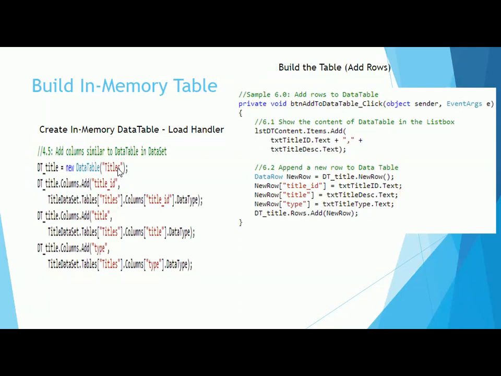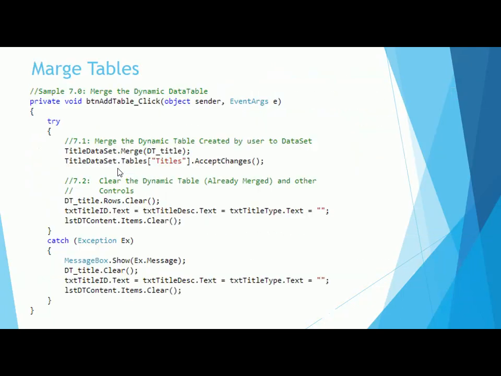So the titles data table already exists in the title data set. Now I'm throwing an in-memory table and asking to merge, and since the table name matches, this data table will try to merge with the existing one. So once we make the call to this merge, the merge has already happened.